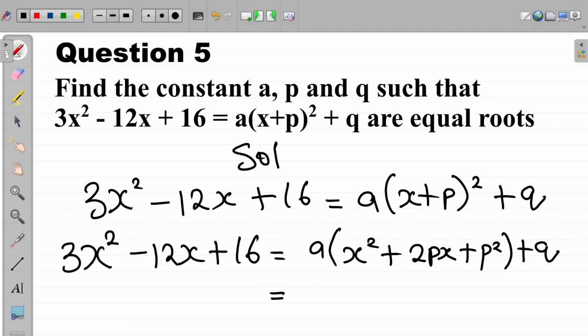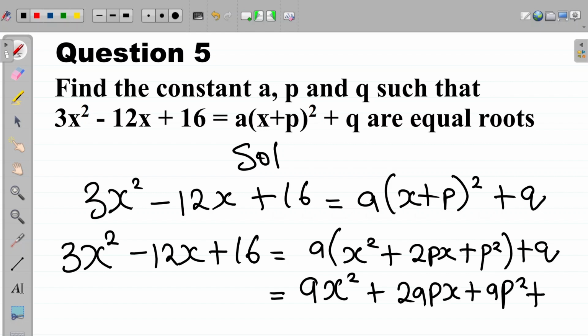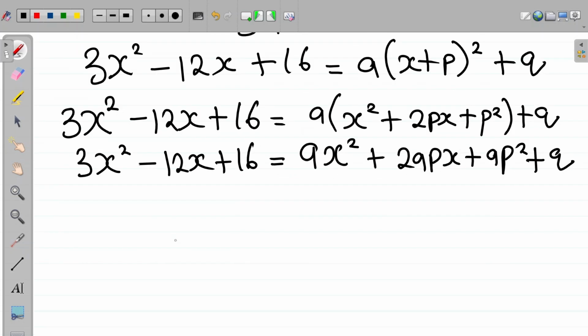Now we open up the bracket, multiplying it by a, so the equation becomes a x squared plus 2apx plus a p squared plus q, and our left hand side remains 3x squared minus 12x plus 16. So from our equation, we can equate terms.